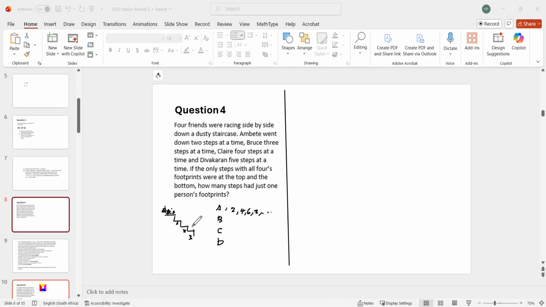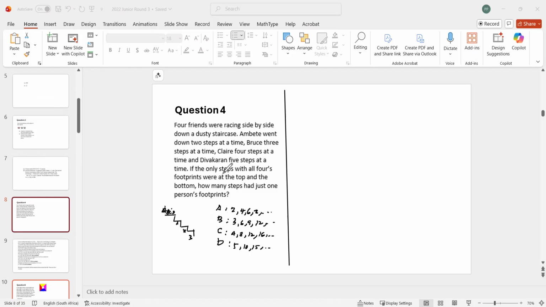Okay, now Bruce, he does 3 steps at a time, so he lands at 3, 6, 9, 12, all the multiples of 3. And C is 4, 8, 12, 16, and so on. And D, 5 steps at a time, 5, 10, 15. These are the steps that these 4 friends land on.